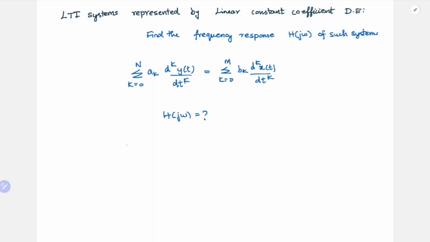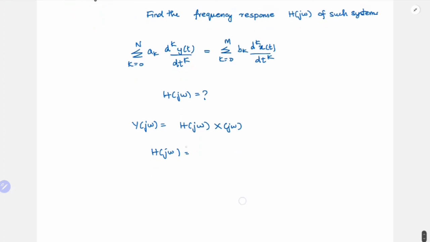But from the convolution property, we know Y of j omega, the output, is related to the input by H of j omega in this manner. So we can find H of j omega by actually taking the ratio of Y of j omega and X of j omega.